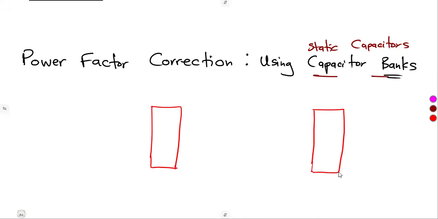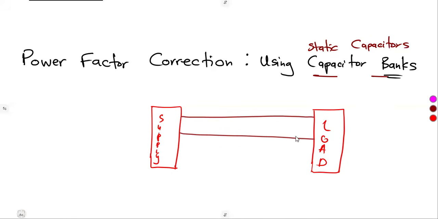Let us consider a simple single phase. So this is our supply, and this part, we are going to have our load. Remember, live and neutral. So we just have the live and the neutral as we consider single phase.